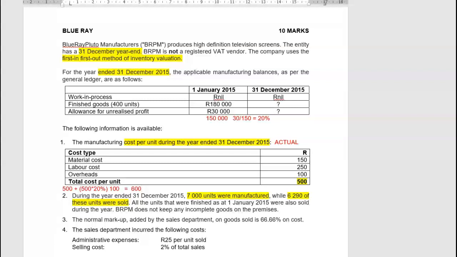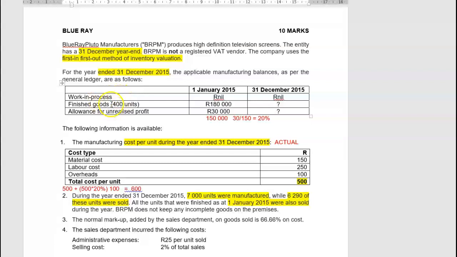So we would have transferred those inventory items at a cost of 600 Rand to the sales department. Now, they tell us 7,000 units were manufactured, of which 6,290 were sold. So the cost of sales in the finished goods would have been 6,290 multiplied by 600. All the units that were finished at 1 January 2015 were also sold in the current financial year.